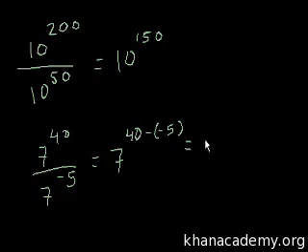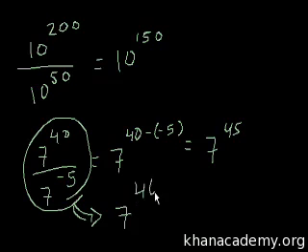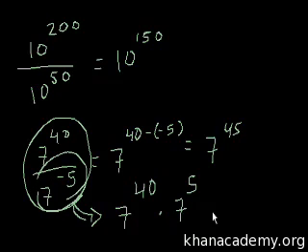So it equals 7 to the 45th. And I want you to think about that. Does that make sense? Well, we could have rewritten this equation as 7 to the 40th times 7 to the 5th, right? We could have taken this 1 over 7 to the negative 5 and turned it into 7 to the 5th. And that would also just be 7 to the 45.